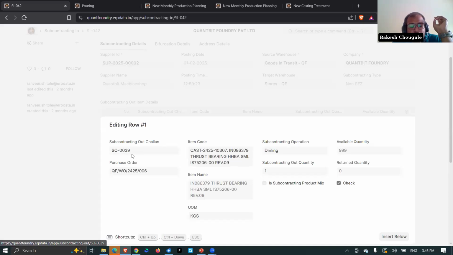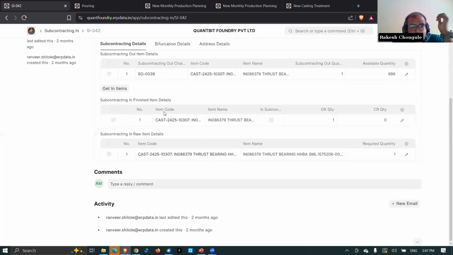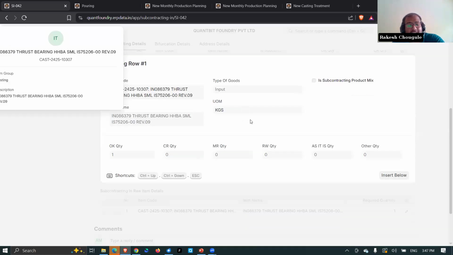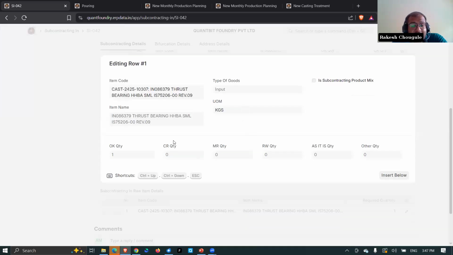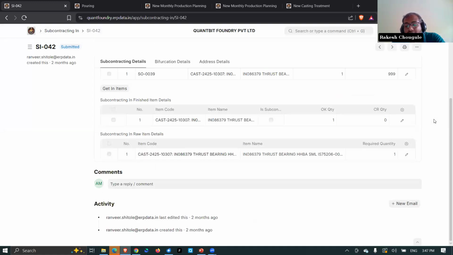So I have to select against which challan I am receiving this particular item. Here is the bifurcation of the incoming casting item, that is, whether we are receiving it as OK quantity, machining rejection, or rework quantity.